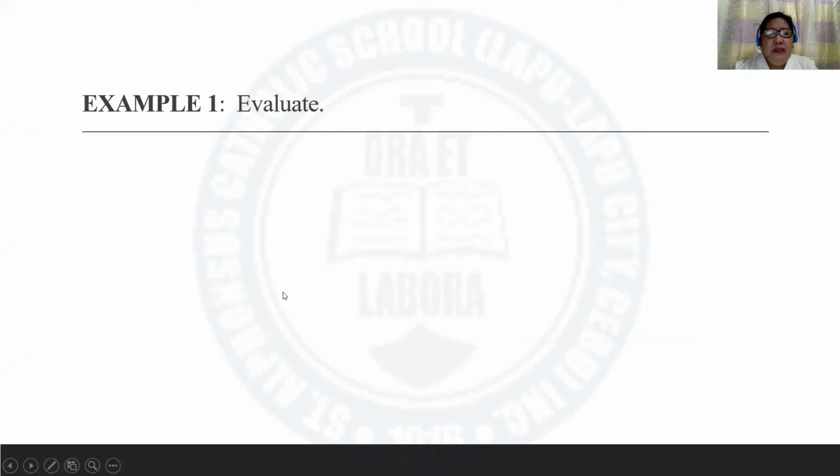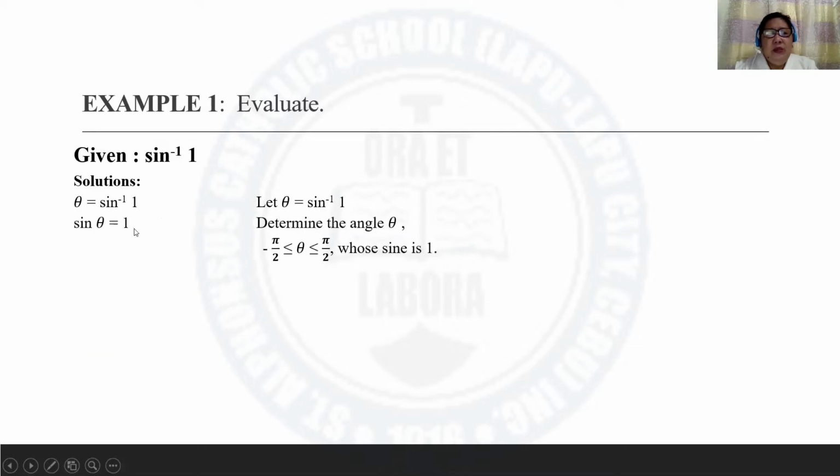For example, if you are asked to evaluate sine to the negative 1 of 1, for the solution, let theta be equal to sine to the negative 1 of 1. Then sine theta is equal to 1.